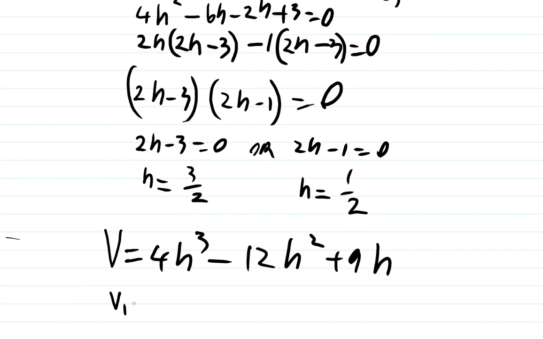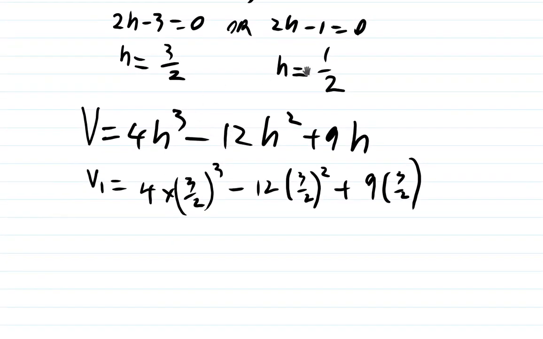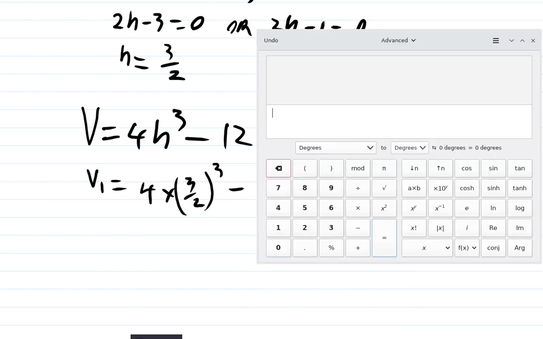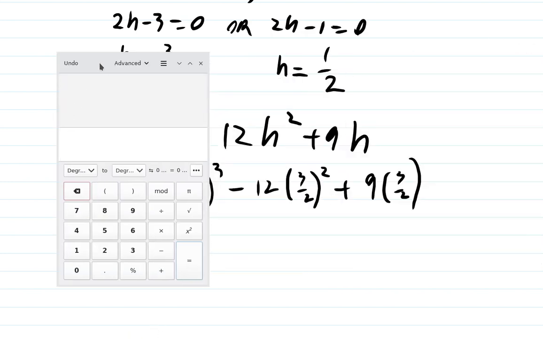So the volume is 4 times 3 over 2 cubed minus 12 times 3 over 2 squared plus 9 times 3 over 2. We're going to test both values and see which one works. So where is my calculator? This is the one I want to use.